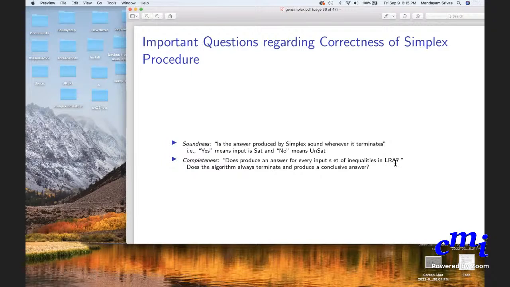This question, since we are talking about algorithms, consists of showing that the algorithm always terminates, because if it does not terminate for some input situations, then of course you cannot have a conclusive answer. Therefore, it requires you to show that the algorithm always terminates, and when it terminates, it produces a conclusive answer of yes or no. These are the two important questions.